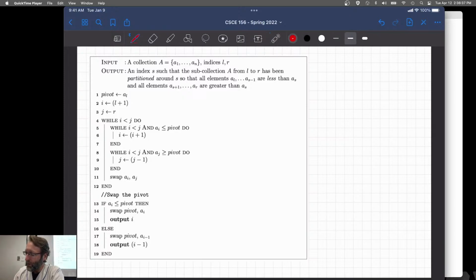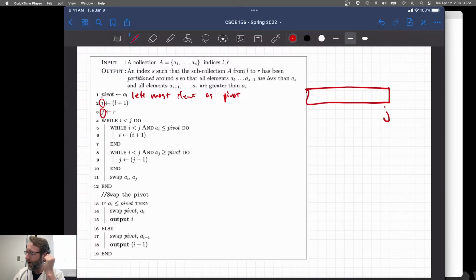First of all, we'll choose the leftmost element as the pivot. Okay. And then we set up our I and J. If this is my subarray right here, we start I at the left, and we start J over here. This is A sub P, my pivot element, so I'm going to ignore the pivot element.